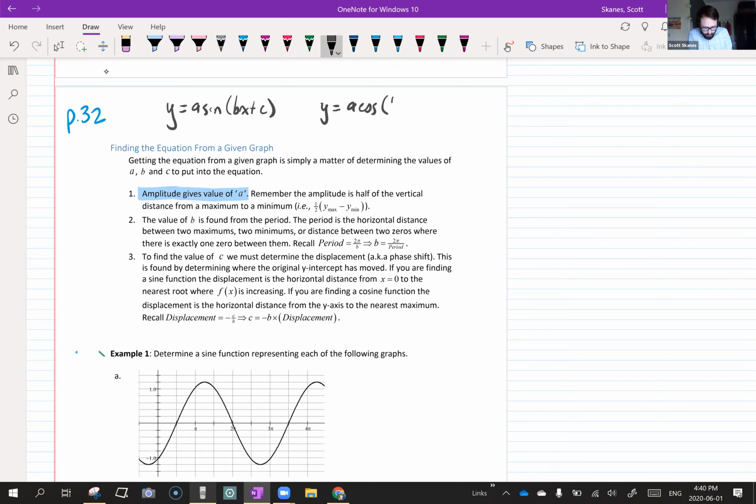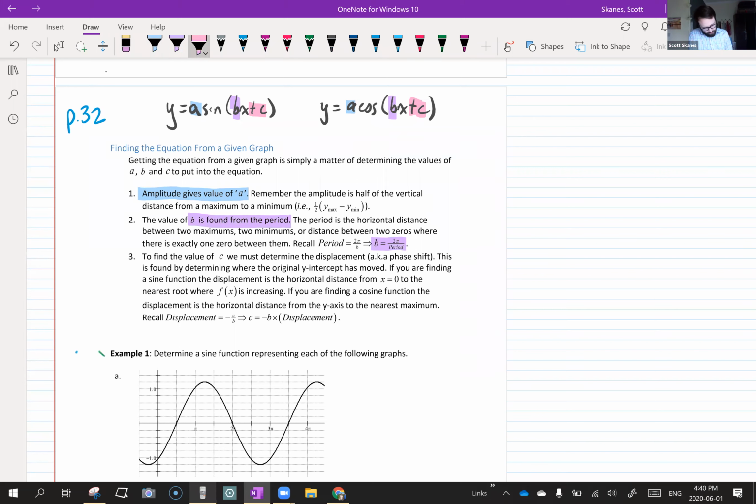And really all that means, if we are given the graph, we still need to find the same three pieces: A, B, and C. So the whole point of this is, how do we find A, B, and C from the graph? You'll find it's actually not that difficult. B is found from the period. If we know the period, then B is this.